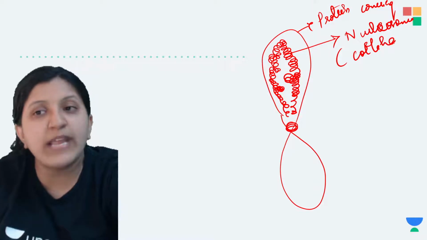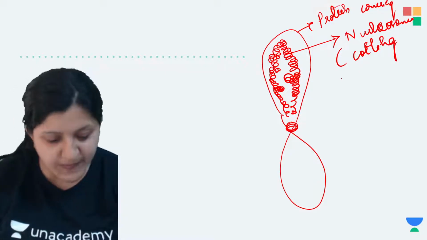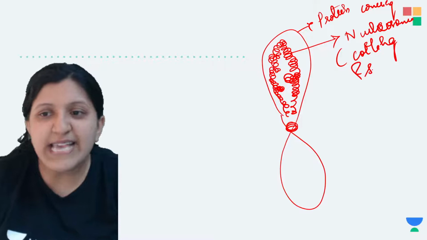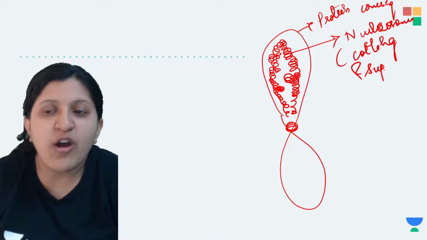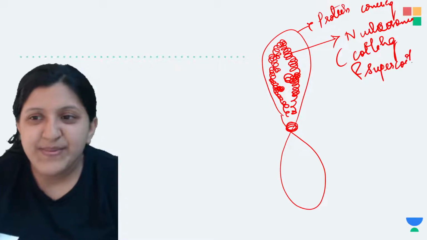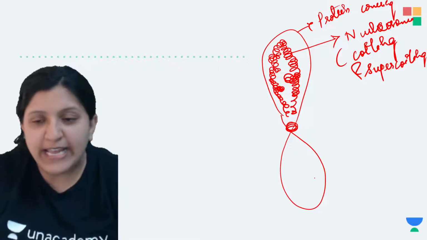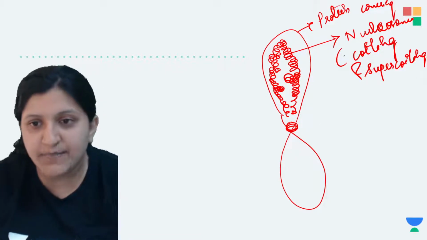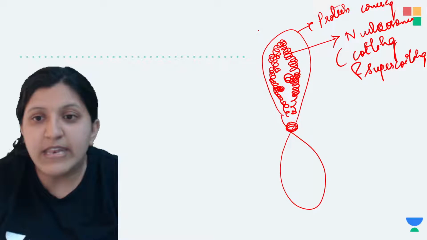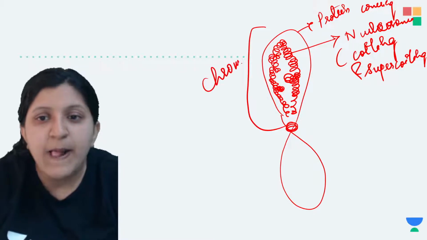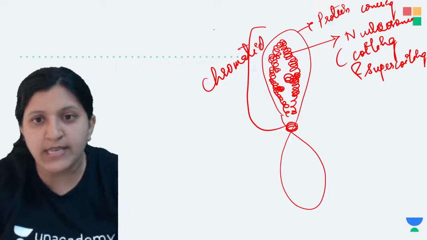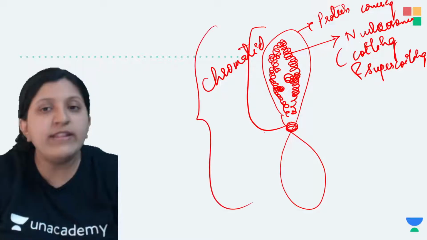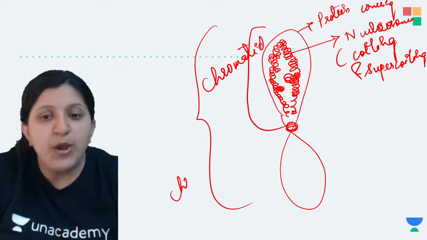So what exactly is nucleosome? Anybody has any idea? What exactly is supercoiling, or nucleosome? You can find coiling and supercoiling, and on this side also it is the same thing. Now this part, what is there? We are representing one side here.